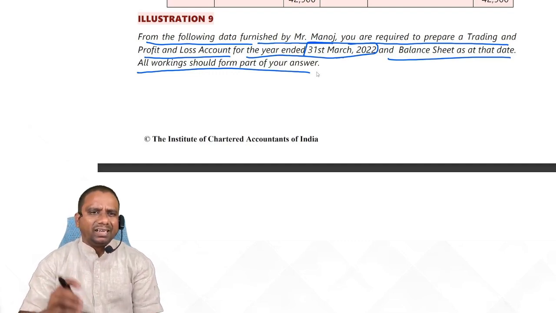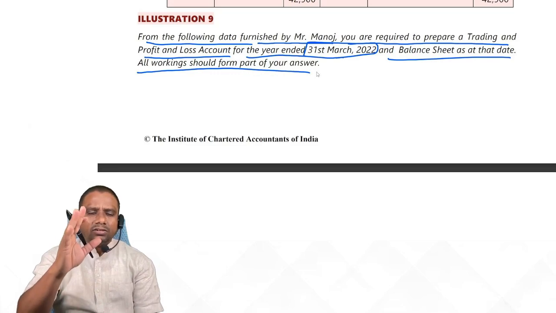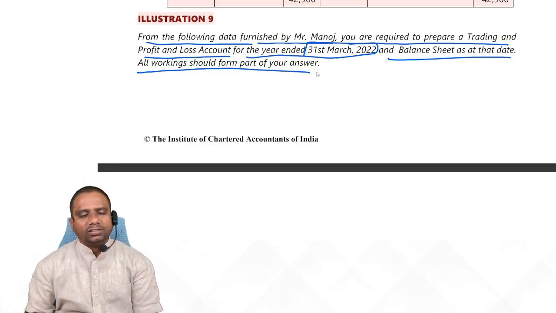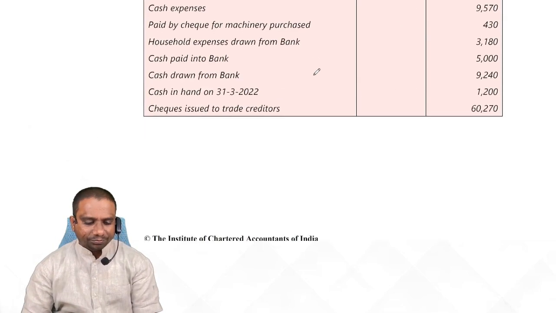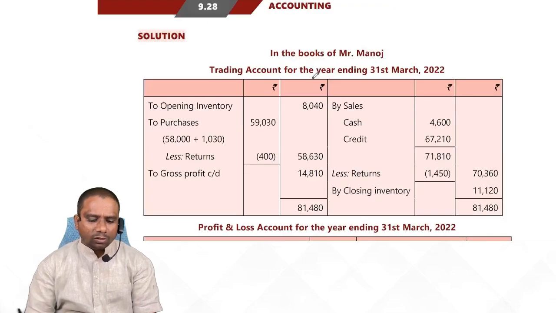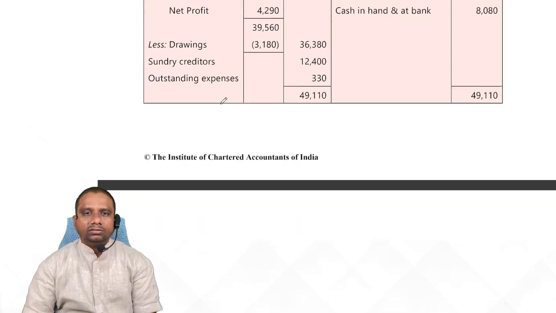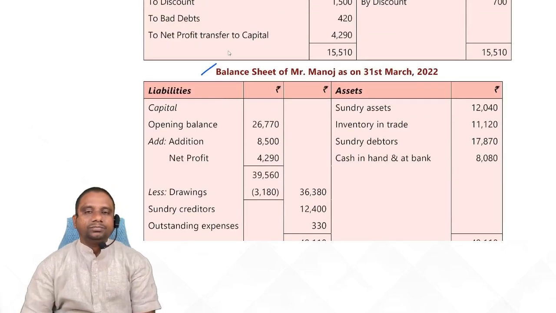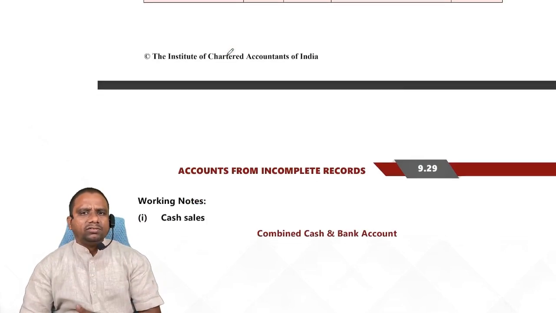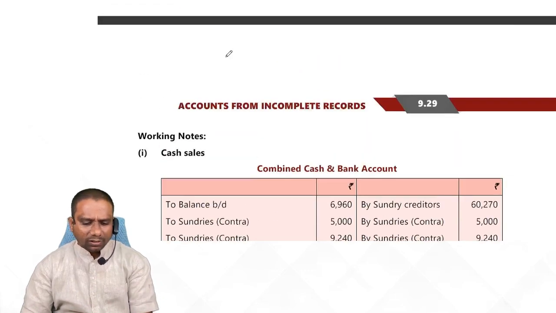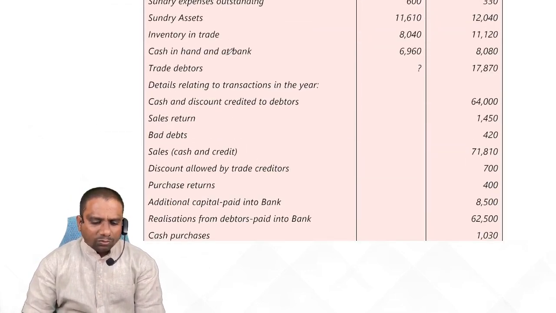Here also, what is the main requirement of the problem? Trading account, profit and loss account, balance sheet. That's it. Now look at. First, draw the formats. Trading account, profit and loss account, balance sheet. Remaining working notes as and when required, we prepare. Okay. Now observe here.